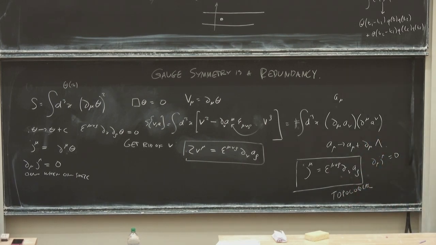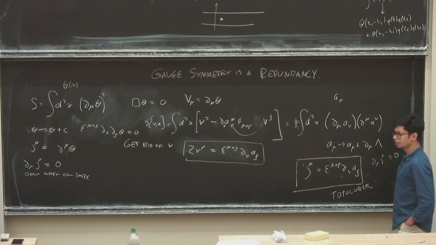Now, I'm not going to use this word because the word topological is already overloaded in these lectures, but basically in the literature, a topological current is one whose conservation happens even off-shell. In a sense, there's very little going into the conservation of this current. It's just there because A exists.